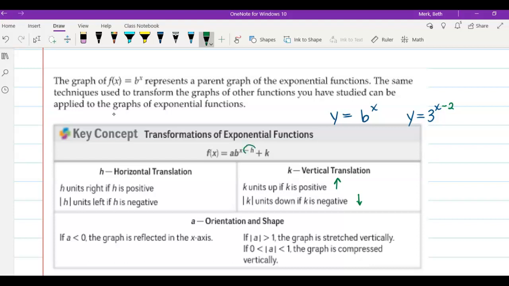So the number with the x, remember it's kind of the opposite of what you'd think. If we add a number to x, it's going to go left. And if we subtract a number, it's going to go right.